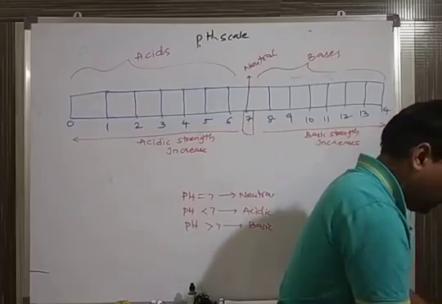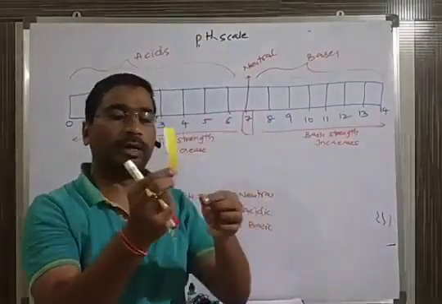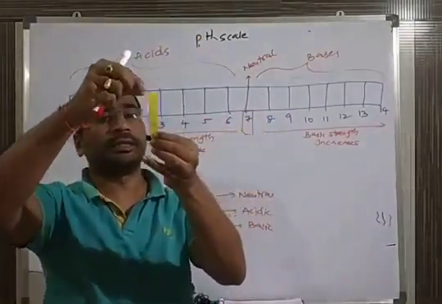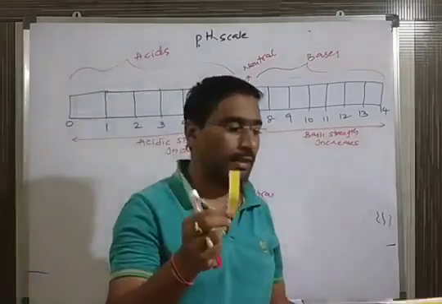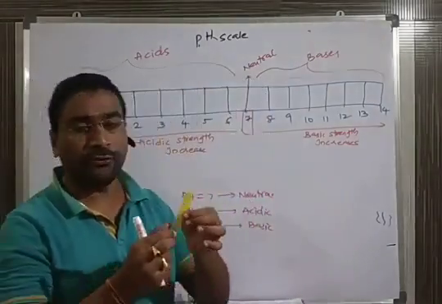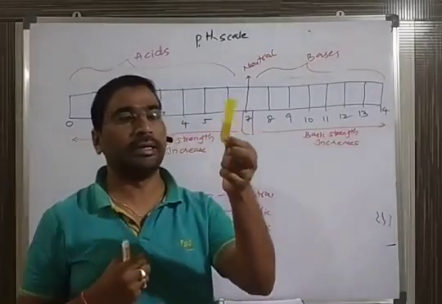This is one pH paper. I already showed you in the last class also. It has a light yellowish or cream color. You can get this from book stalls or any surgical shops.